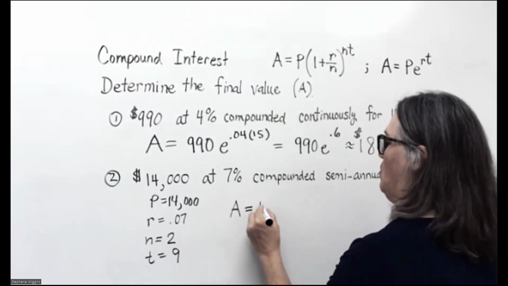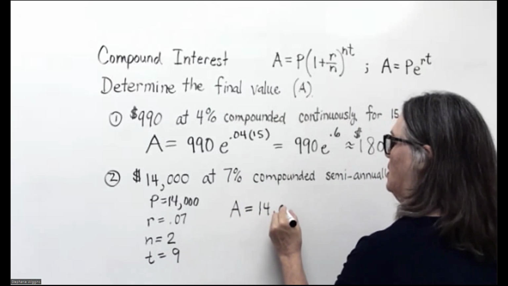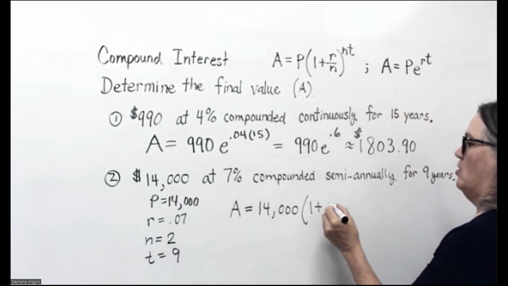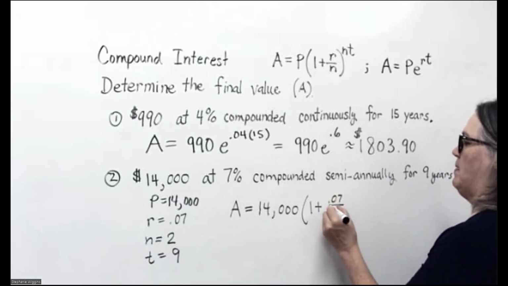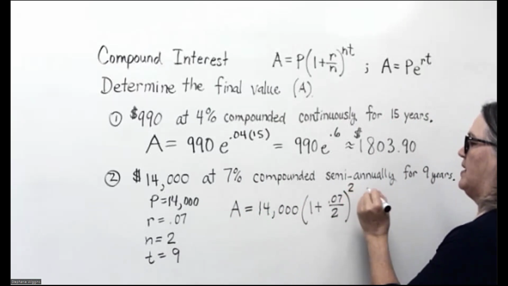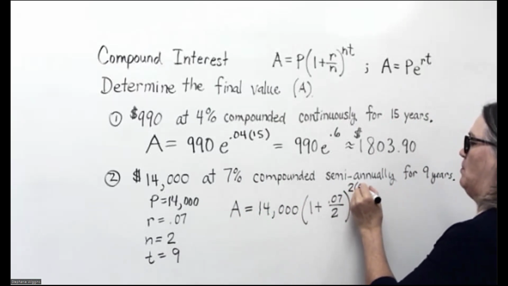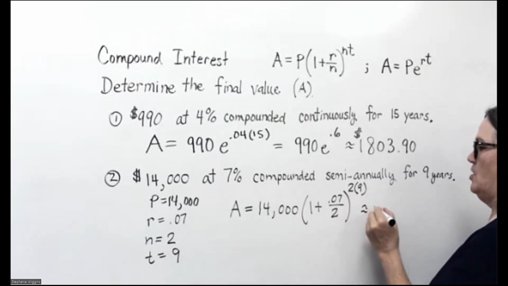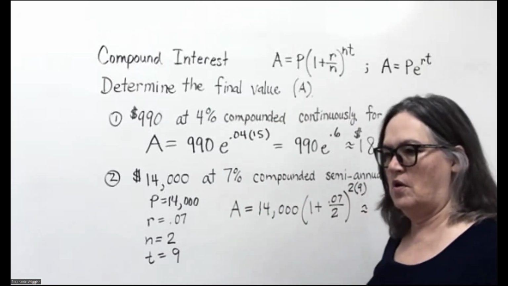A equals P, which is 14,000, times 1 plus r, which is 0.07, divided by n, which is 2, to the power of 2, that's n, times 9, which is t. Okay, plugging this in and using our calculator.